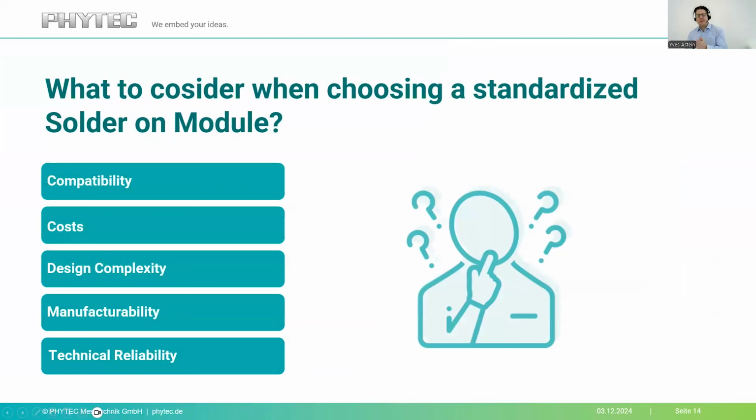So now let's have a look at what you should consider when choosing a standardized solder-on module. Of course, we have compatibility. We're going to look at cost, design complexity, manufacturability, and technical reliability as the most important topics.